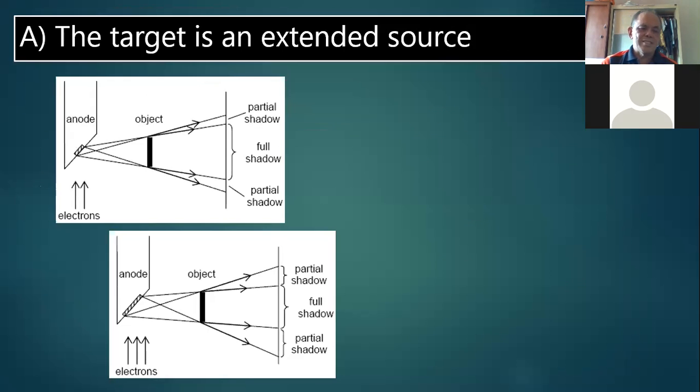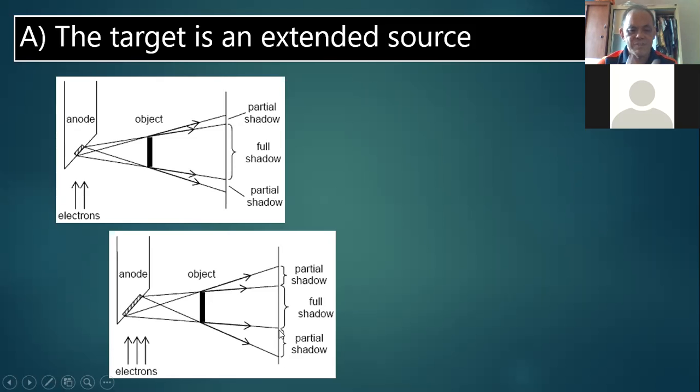First, we look at the target. That is your target there. With a small target, there is only a small partial shadow here. With a big target, here we are just drawing the rays at the maximum; of course, there are other rays we are not interested in. We're interested in how they form. This will form your full shadow, and that is a partial shadow.